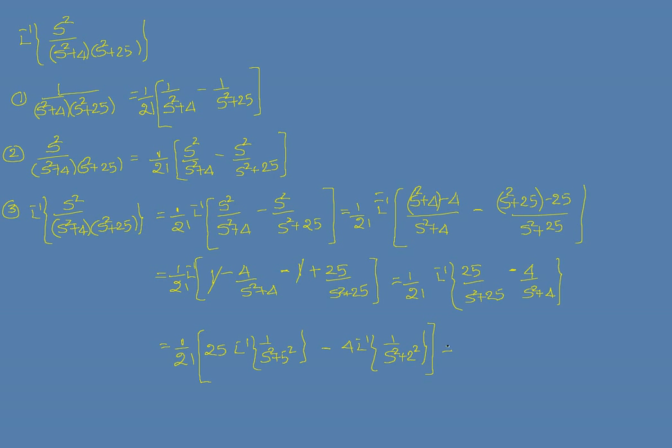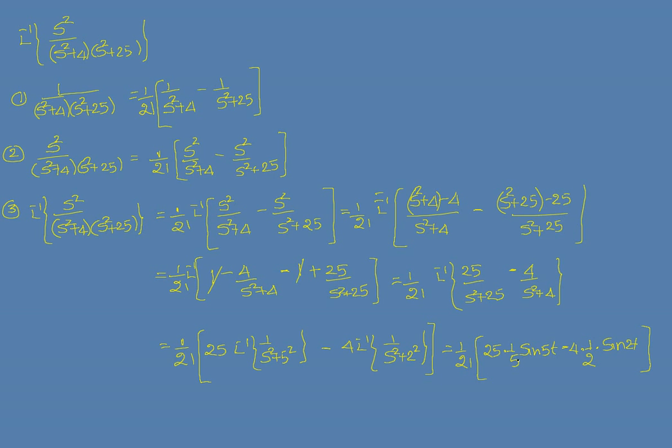Therefore what you are left with is 1 by 21 into 25 into 1 by 5 sin 5t minus 4 into 1 by 2 into sin 2t.